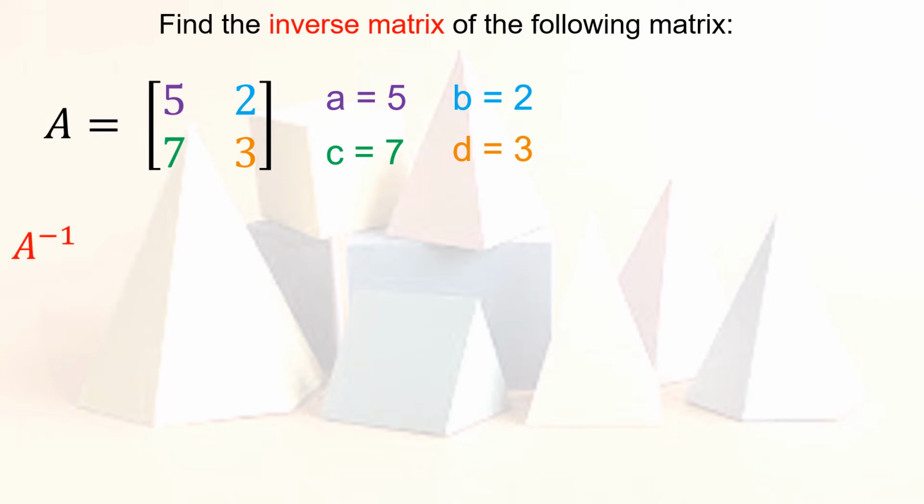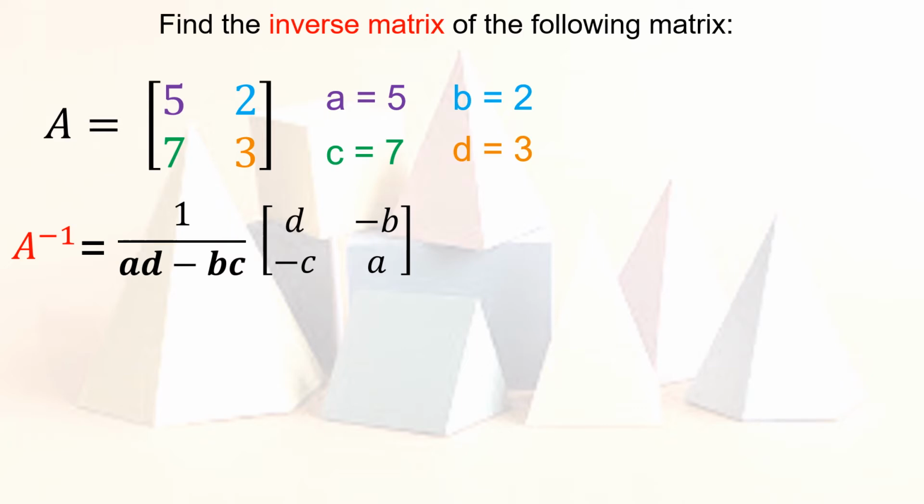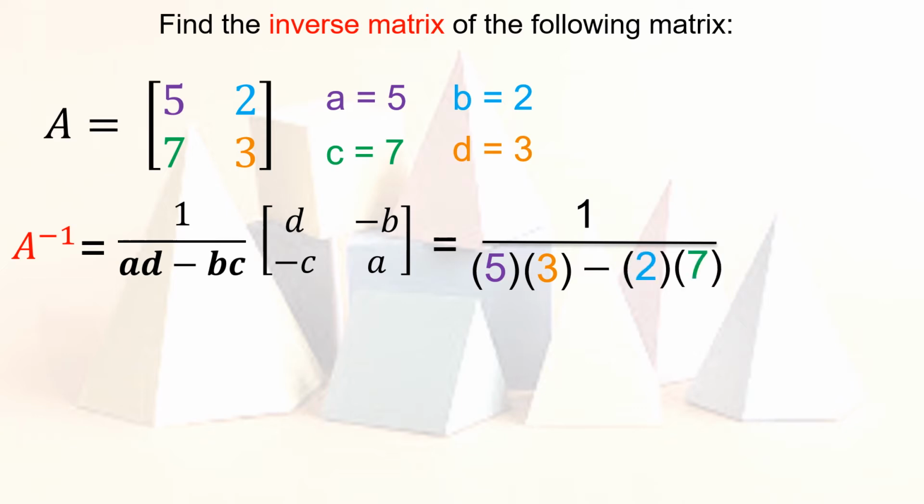To get the inverse matrix of matrix A, using the formula, it is equal to 1 over (ad - bc) times [d -b; -c a]. Substituting all the values, we have 1 over (5 times 3 - 2 times 7) times [3 -2; -7 5].